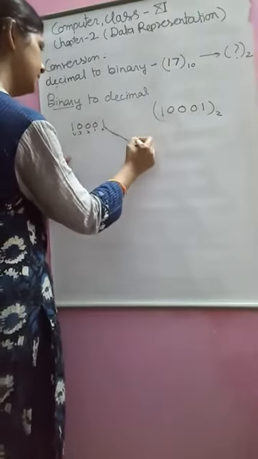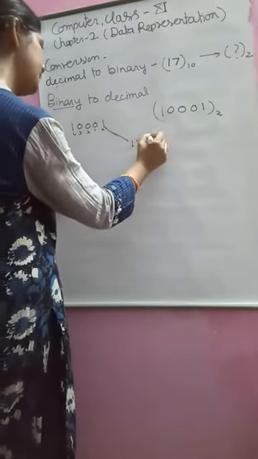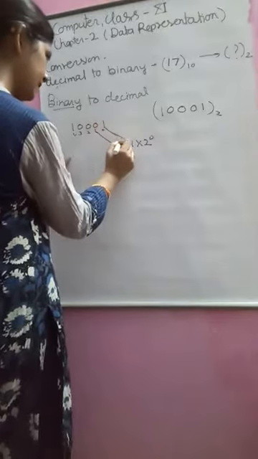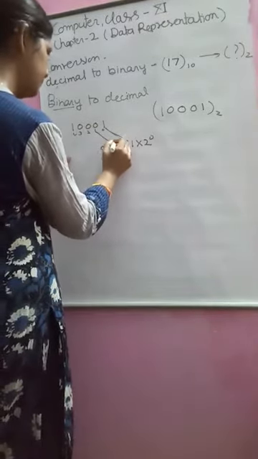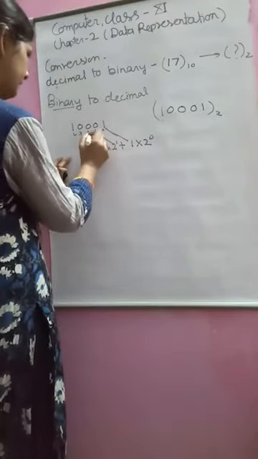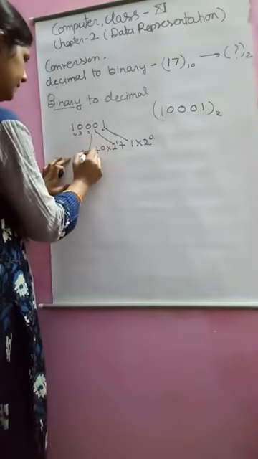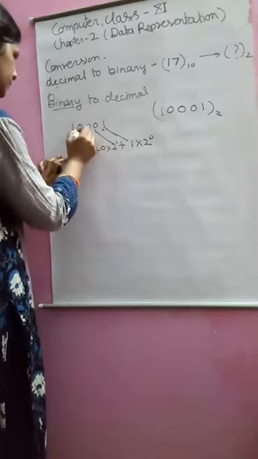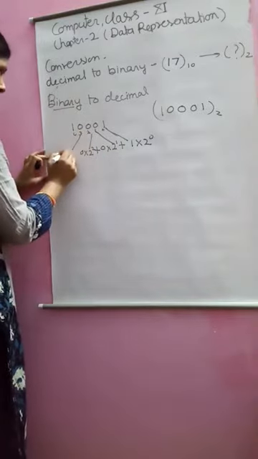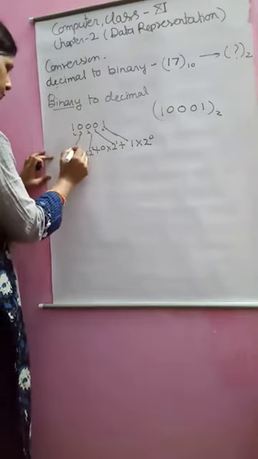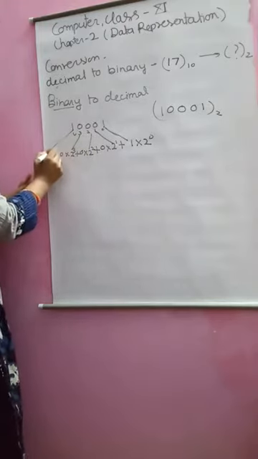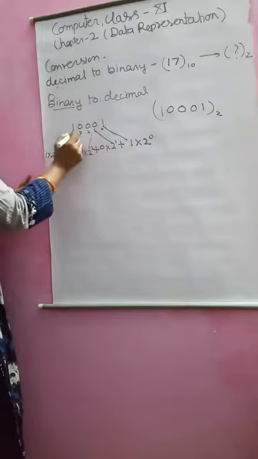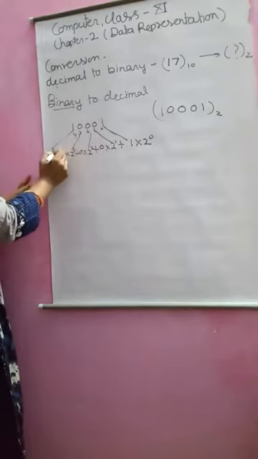First, 1 multiplied by 2 to the power 0. Then 0 multiplied by 2 to the power 1, plus 0 multiplied by 2 to the power 2, plus 0 multiplied by 2 to the power 3, plus 1 multiplied by 2 to the power 4.